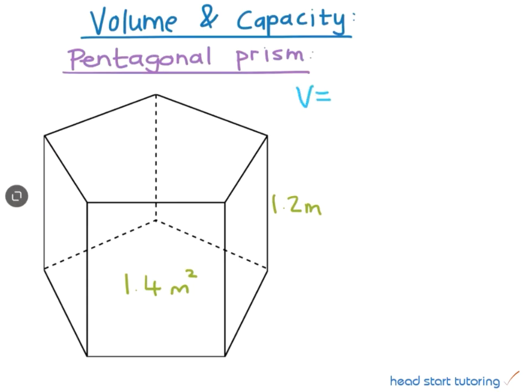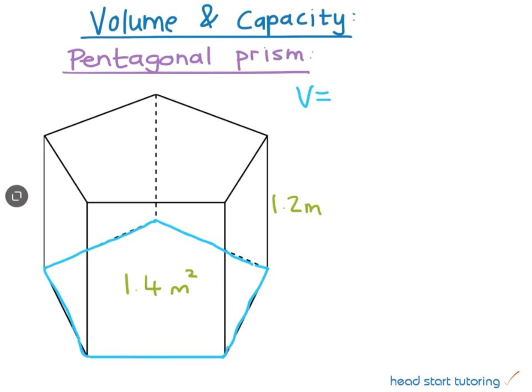If we would like to work out the volume and capacity of a different type of prism, such as a pentagonal prism, remember that all we need is the area of one of the bases, or the top or the bottom cross section of our 3D shape.